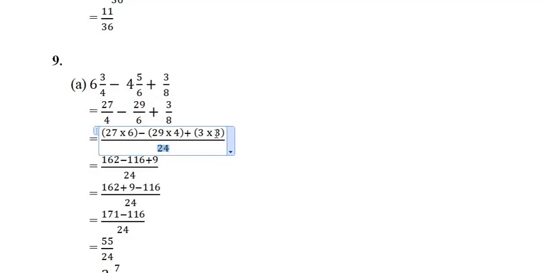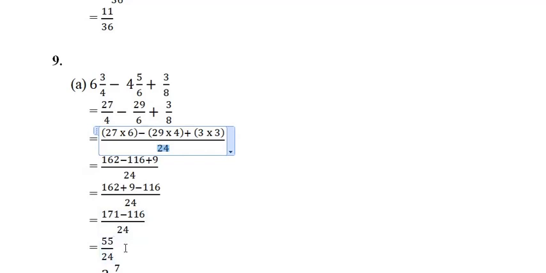So 3 threes are 9. So 27 into 6 will be 162, 29 into 4 will be 116, and 3 threes are 9. What you will do here is bring this plus number forward. So 162 plus 9 will be 171 minus 116 divided by 24, you will get 55 by 24.